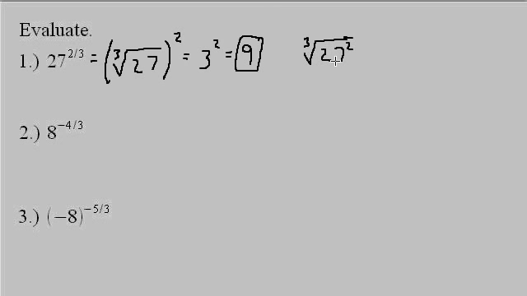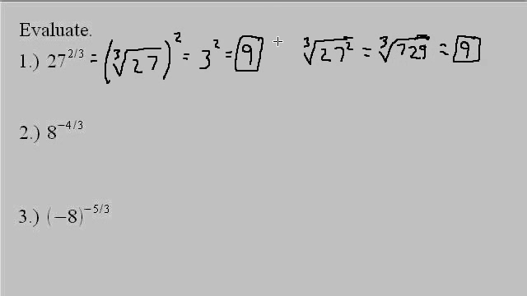Now I have to square the 27, and if I do that, I get the cube root of 729. Now I have to figure out what the cube root of 729 is. Well, the cube root of 729, it's 9.